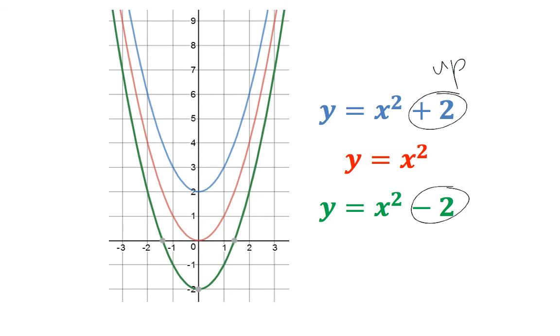The value of k happens to be negative 2, which means it is going to be transformed 2 units downwards. As you can see, these are very intuitive. Also remember that the value of k must be outside the bracket and it should not be squared.